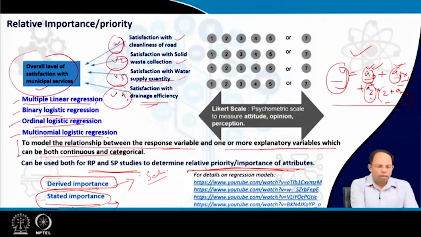But overall, derived importance is more important because for stated importance people can say many things, but when it's derived, we are determining based on the overall satisfaction and the individual factors which influence that, so we can determine the relative weights, which is a better way to determine the weights for different attributes.